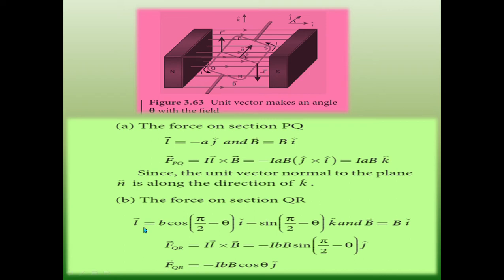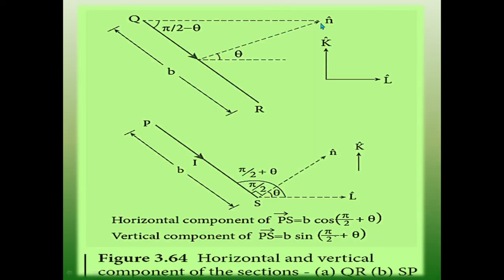So what is the value of L vector? Here this is the triangle. This is pi by 2 minus theta. This is pi by 2 plus theta. Both together make 90 degree.